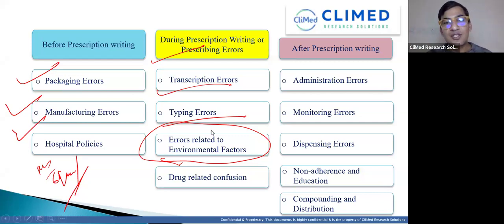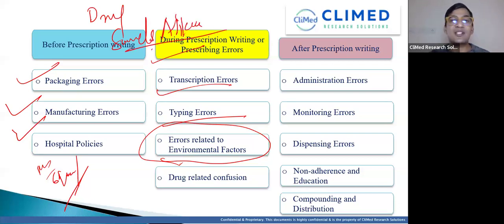Then there are drug related confusions: drug names that sound the same. You know there are drugs that are sound-alike, meaning they sound similar. Then there are look-alike drugs, which look similar, and many tablets look similarly yellow.